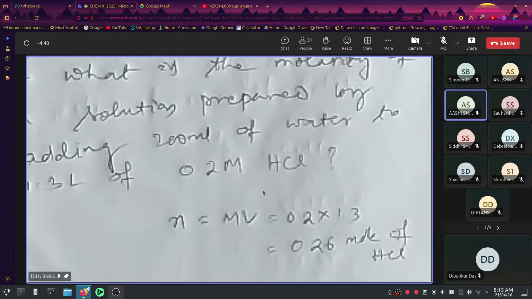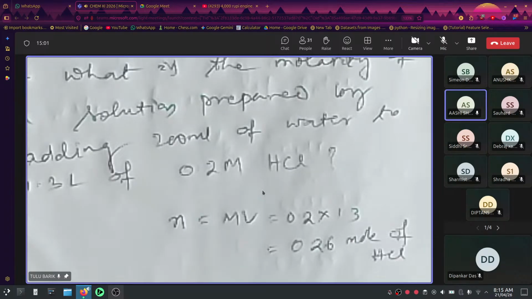Sir, can you explain this question again? Right, in this question you have to find out the molarity of the final solution. Okay, beta? Can you see my whiteboard? Yes, sir.